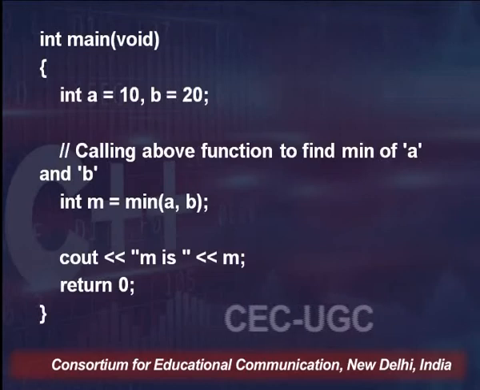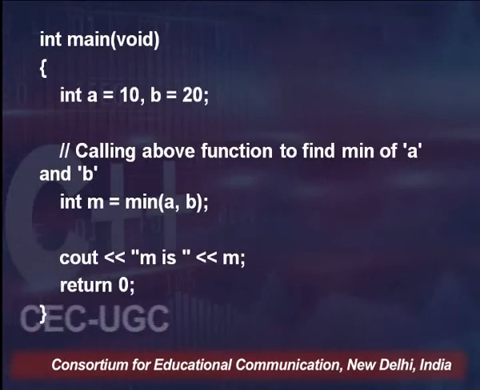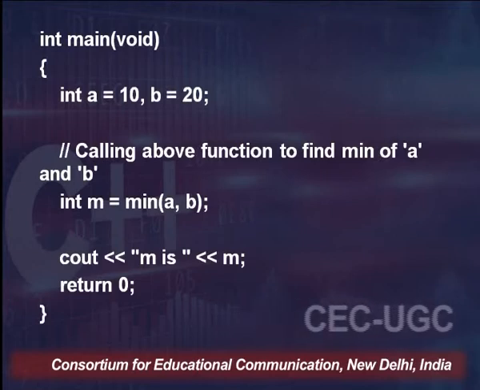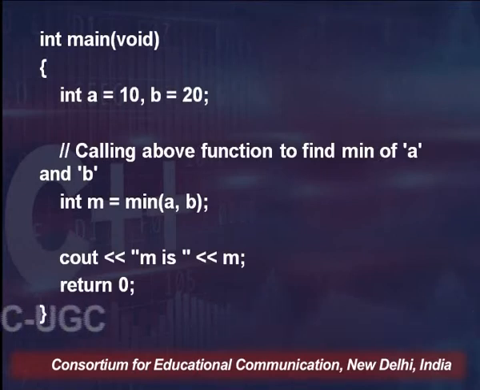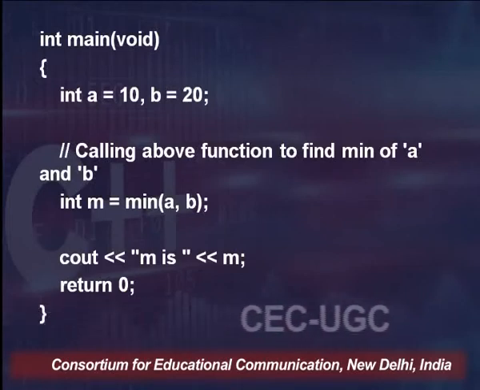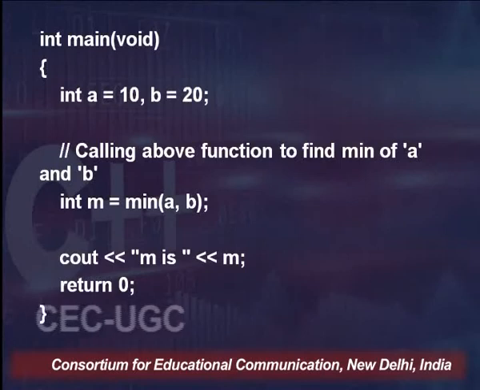So generally a calling function is going to call a function, and in that call the values of parameters or arguments will be passed. Here a and b are two variables declared inside main, and main is calling the function min and passing the variables a and b.